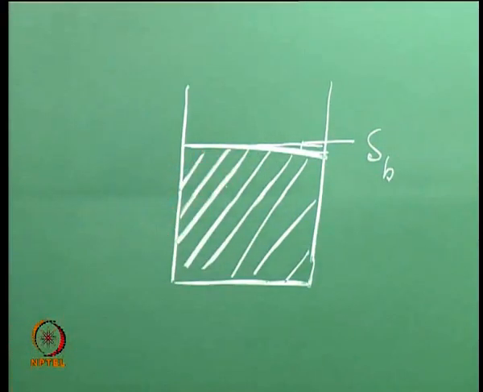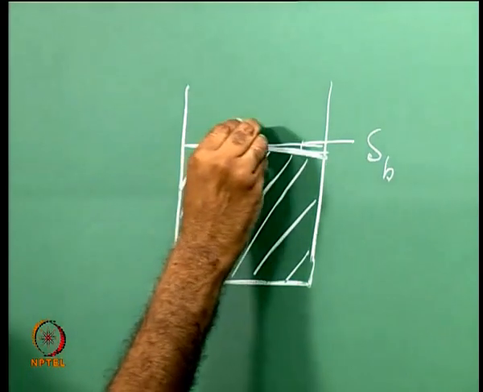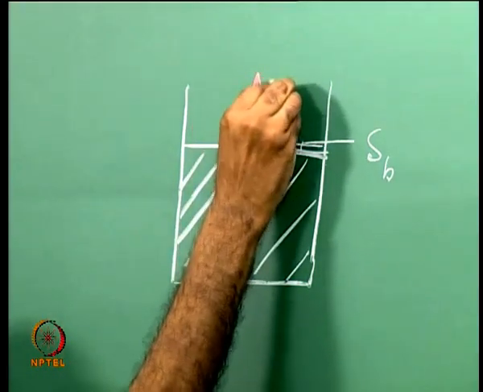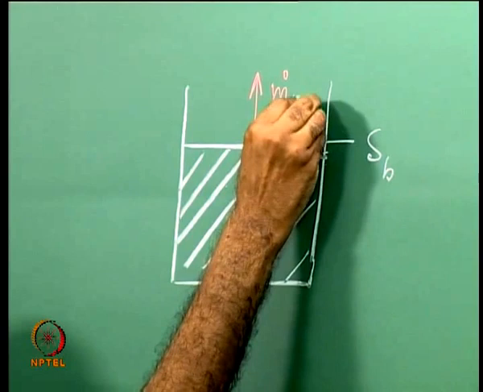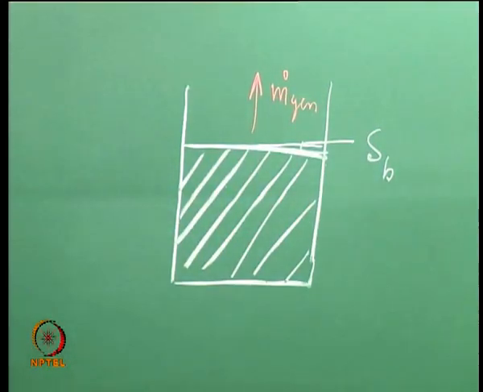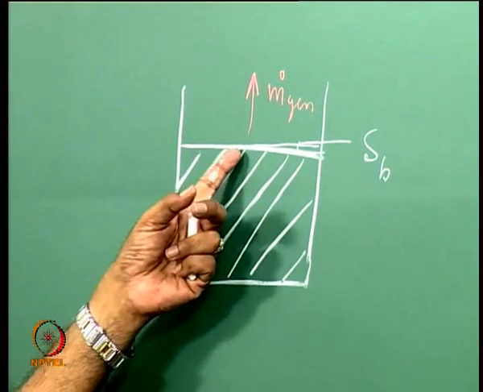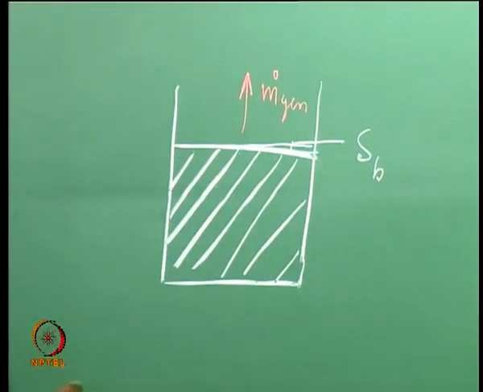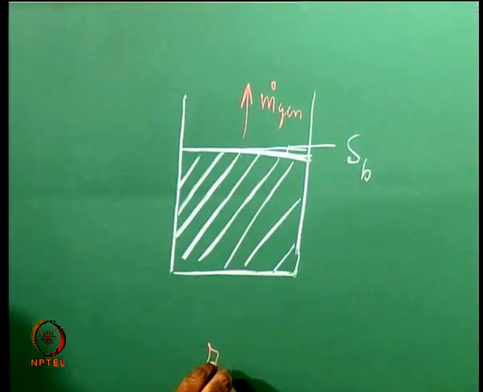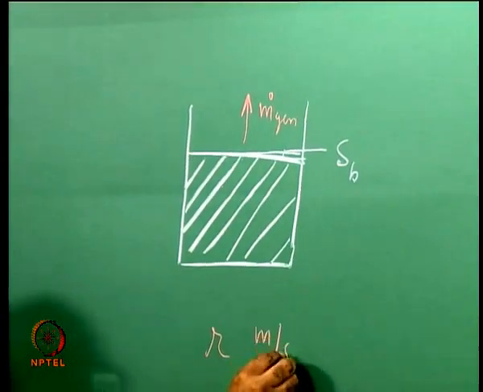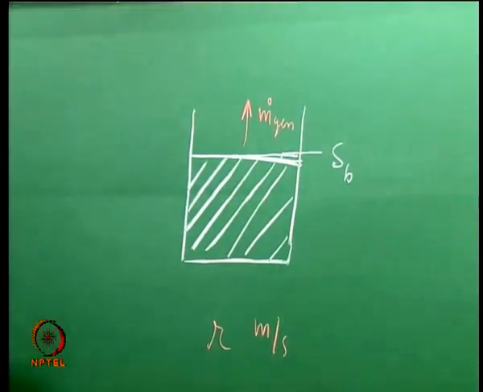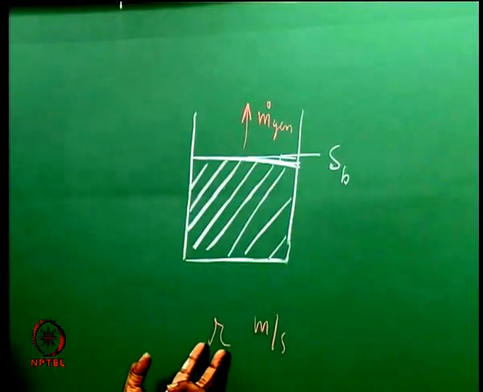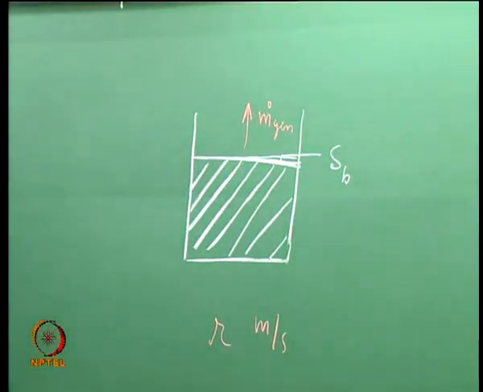Supposing this surface is ignited, I would like to know the rate at which I am generating the hot gases from it. And therefore, what is required? I must know the rate at which the propellant regresses or burns. In other words, I would like to have something like r, so many meters per second, is the rate at which a propellant burns. What is this rate? Let's spend some time on it.